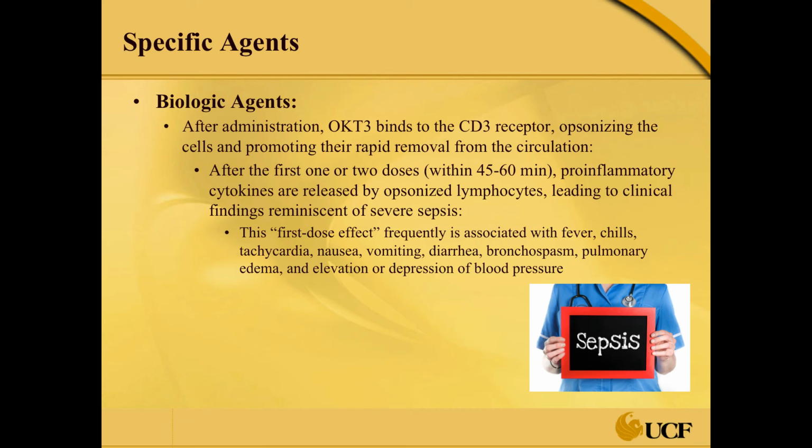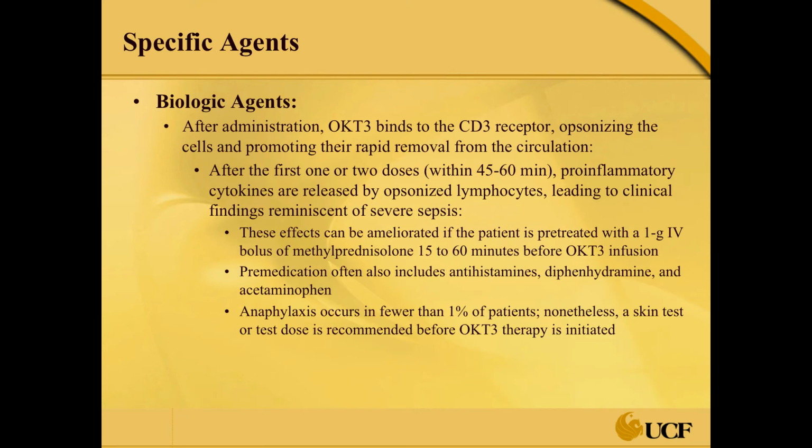So there's a first dose effect, which is frequently associated with things like fever, chills, sweats, tachycardia, nausea, vomiting, diarrhea, bronchospasm, pulmonary edema, and fluctuations in blood pressure, either hypotensive or hypertensive events.